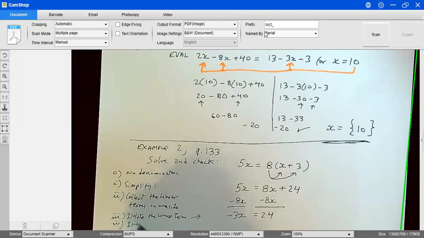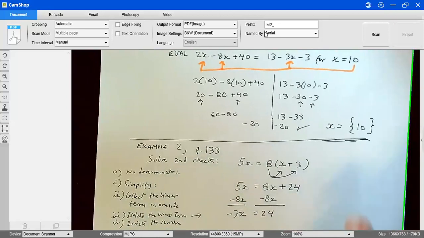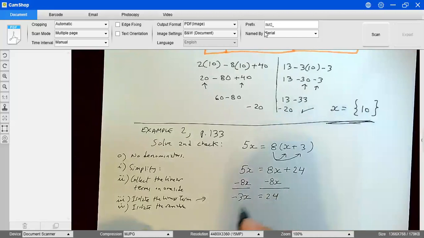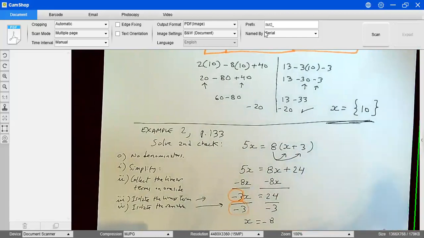We're going to isolate the variable. So to isolate the variable, we're going to divide by the coefficient that we want to remove. So in this case, negative 3. That allows us to remove this. So you're going to get x equals, positive divided by negative is negative, 8.